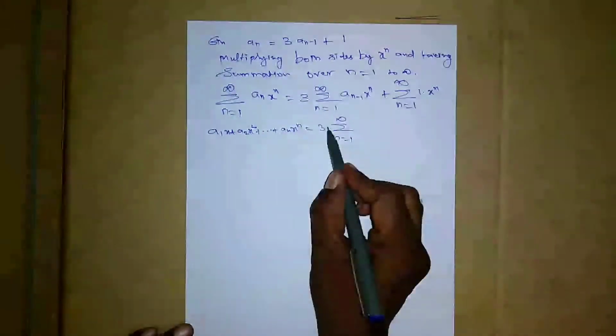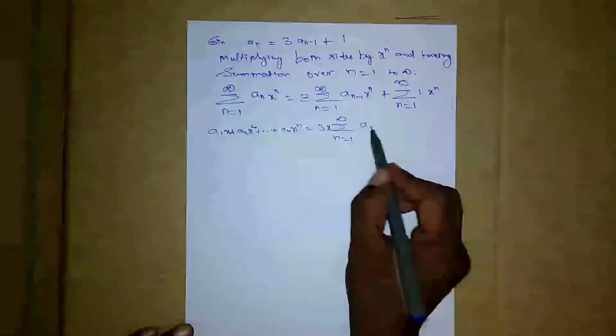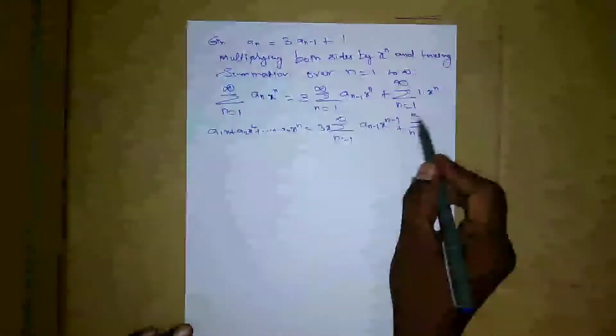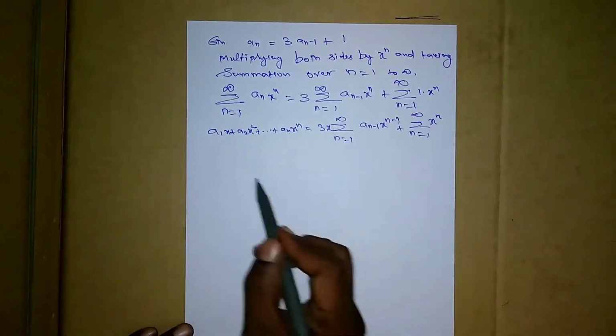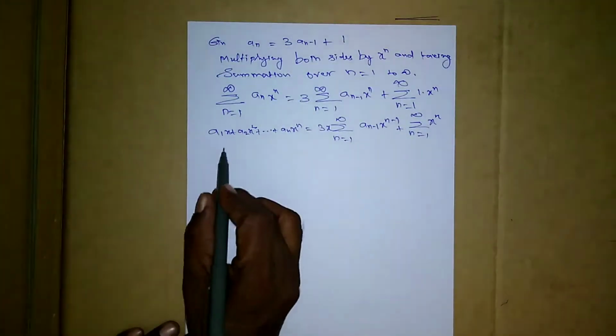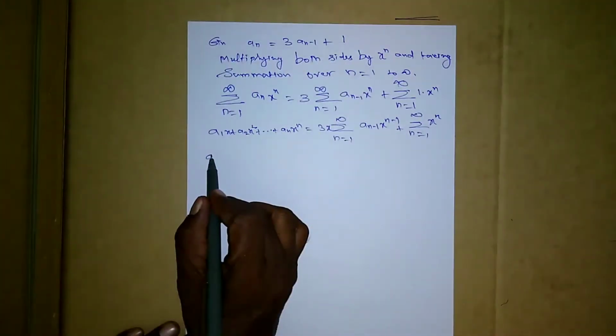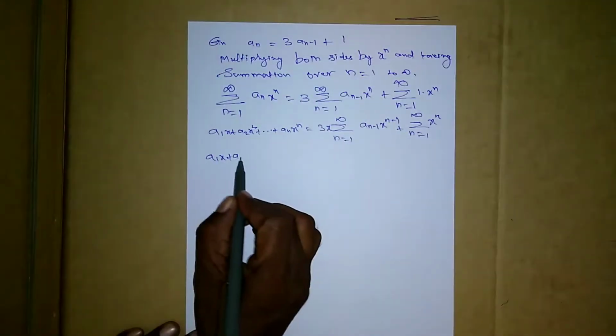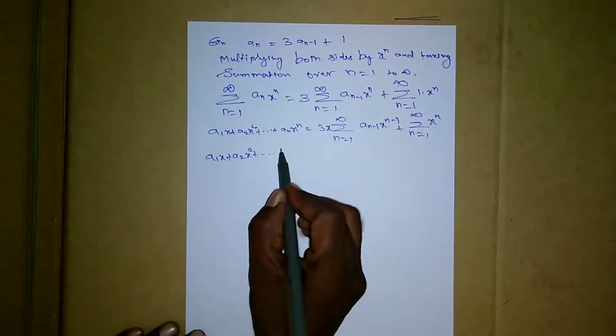Therefore take x outside. We have a_{n-1} x^{n-1} + summation n = 1 to infinity x^n, which is equal to a_1 x + a_2 x^2 + etc.